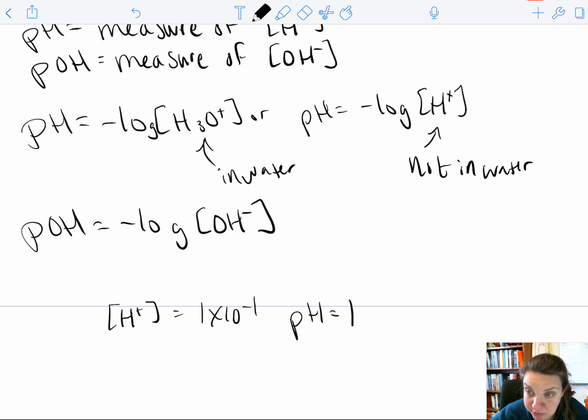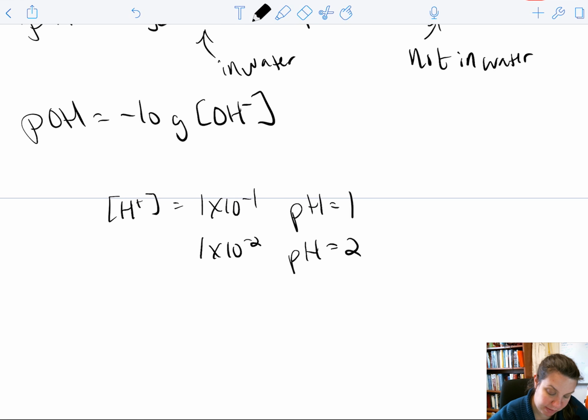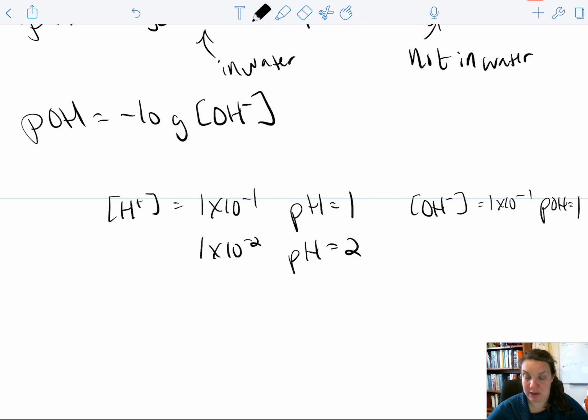If it goes to 1 times 10 to the negative 2, you have a pH equal to 2, and so on and so forth. Same thing with your OH minus. So as we change by a magnitude of 10, we change our pH by a unit of 1. So for our pOH, if it's 1 times 10 to the negative 1, we have a pOH equal to 1.